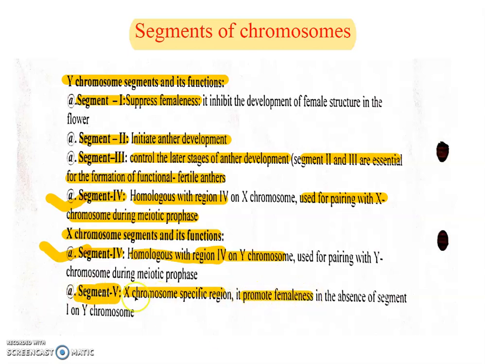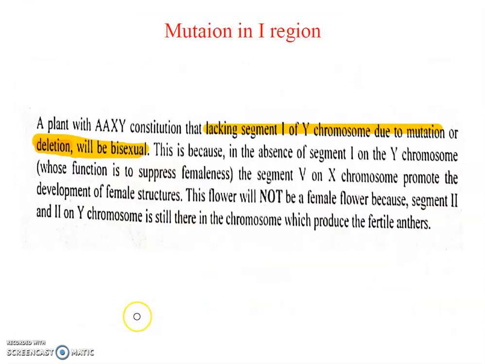So the X chromosome is for femaleness. In the absence of segment 1 on the Y chromosome, that is, if there is no Y chromosome, the female flower develops. So the X chromosome's fifth segment is responsible for femaleness.